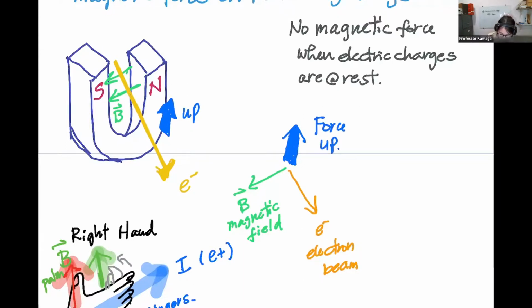It's because you have to reverse the direction of the E plus. This is going to be the E plus, the current.